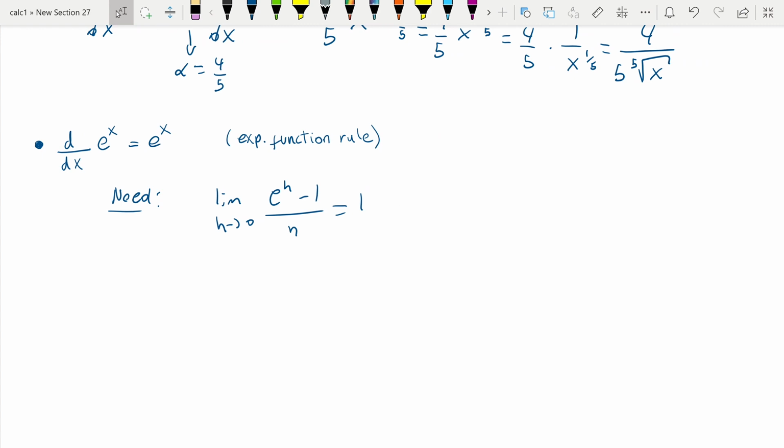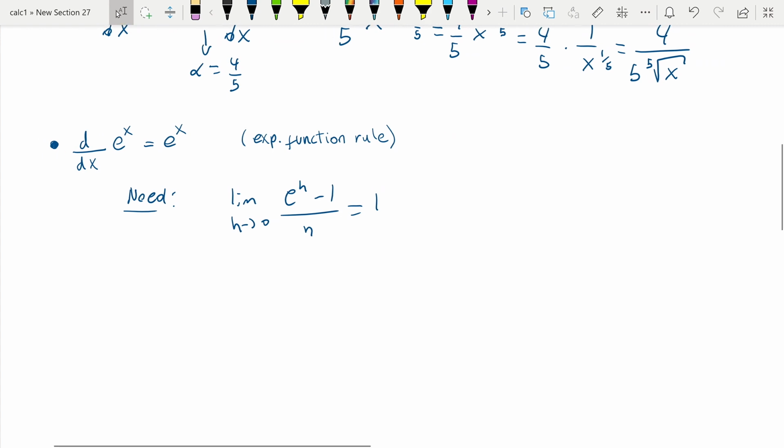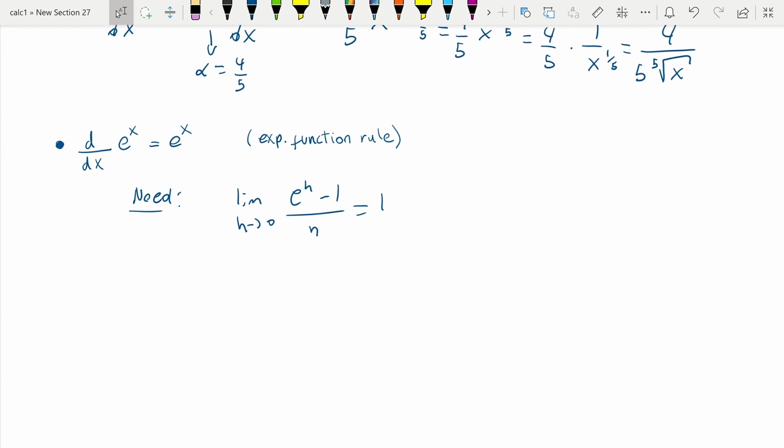So the derivative of the exponential function e to the x is then derived as follows. Remember the second definition, the one involving h going to 0, tells us that the derivative of e to the x at the point x would be e to the x plus h, that's f evaluated at x plus h, minus e to the x, which is f of x, all of that divided by h. So this is the limit when h approaches 0.